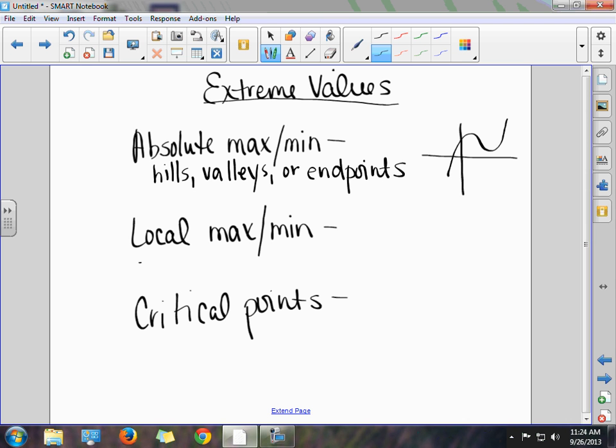Local maximums and minimums are just the maximum or minimum value over an open interval close to that value. Because we don't consider endpoints when we're on an open interval, these are just going to be hills and valleys.